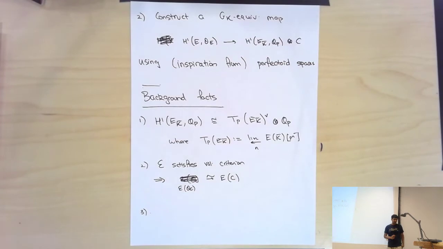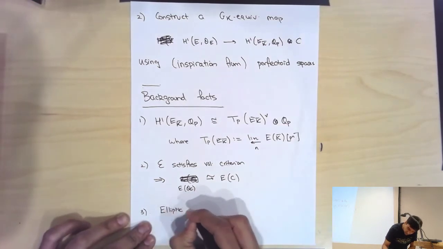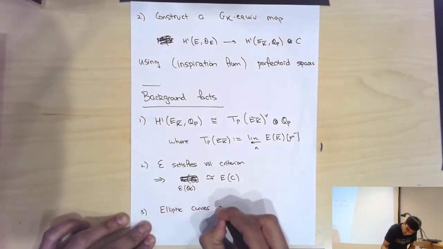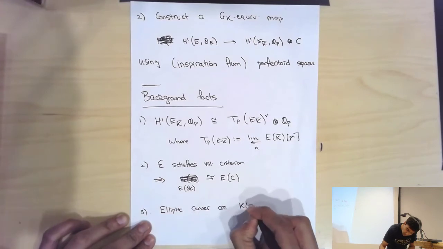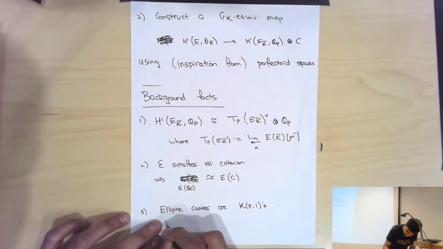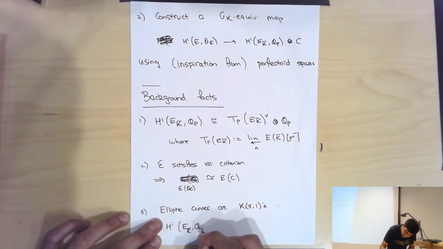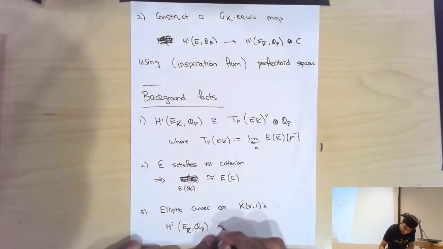The third fact I want to recall is that elliptic curves are Eilenberg-MacLane spaces, so they are K(π,1)s. And what this means actually is something very simple. It means if you compute the étale cohomology of the elliptic curve, again over k bar with Q_p coefficients, that's the same as the cohomology of its fundamental group.